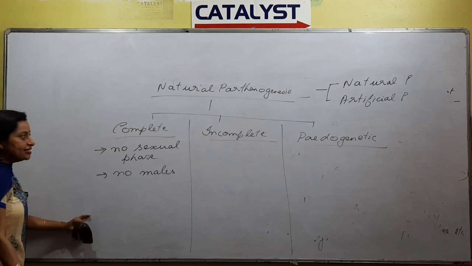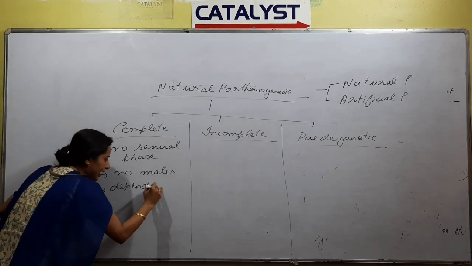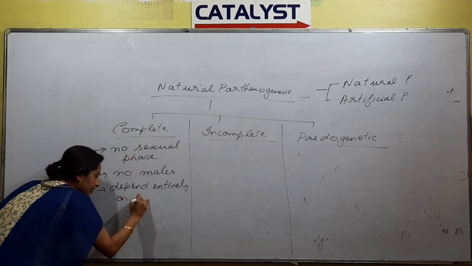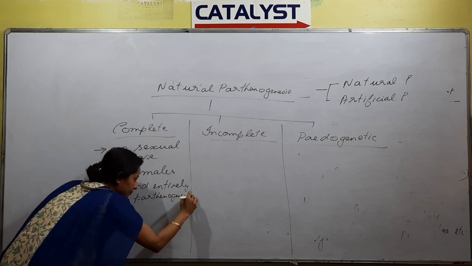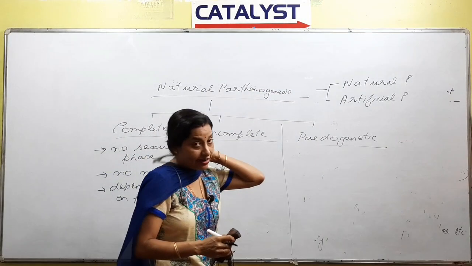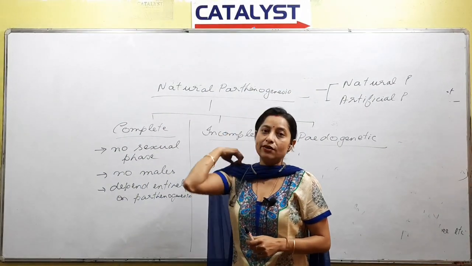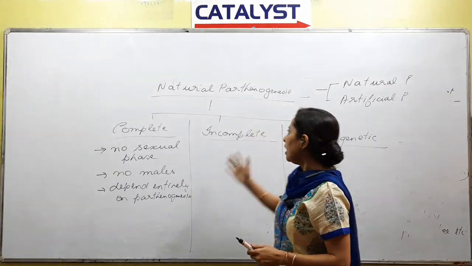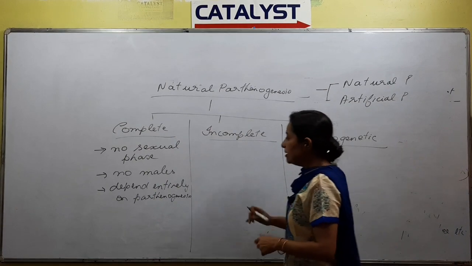So males are absent, sexual phase is absent, so they depend entirely on parthenogenesis, right? So a natural parthenogenesis or artificial parthenogenesis, naturally jodi hoy ba jodi manhue nije korai, jodi human beings are involved, that is called as what? Artificial, no? And natural parthenogenesis has been divided into three: complete, incomplete and pedogenetic.